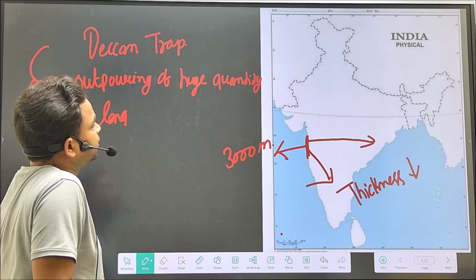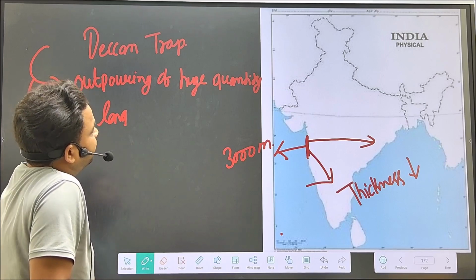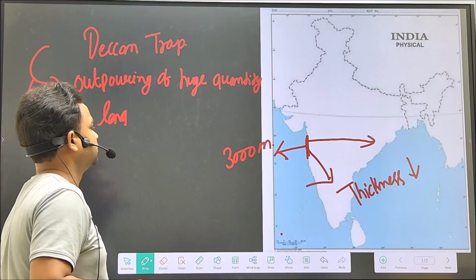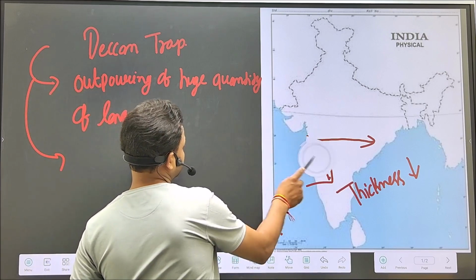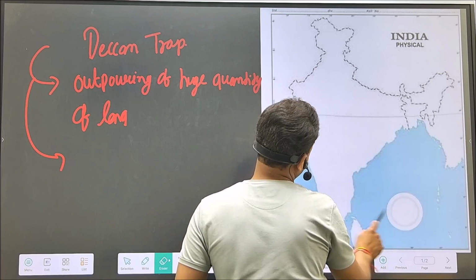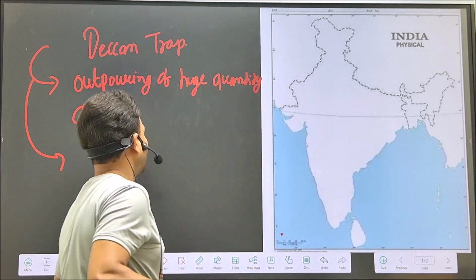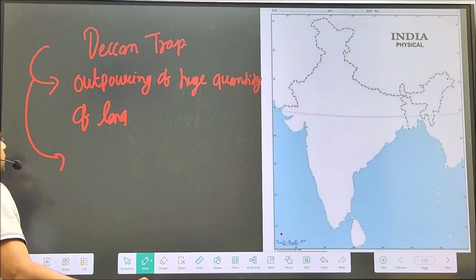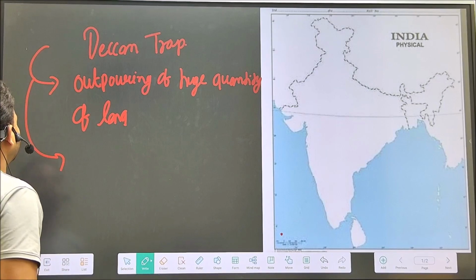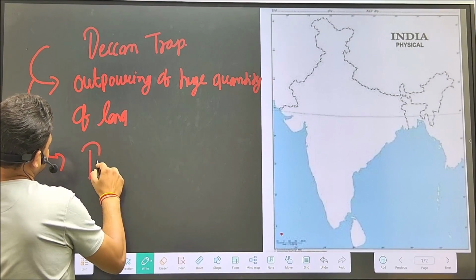So that's why in the coastal region of Maharashtra you can find natural harbors, natural seaports. This is the reason behind natural seaports. And the next fact about the Deccan Trap is that black soil is developed.